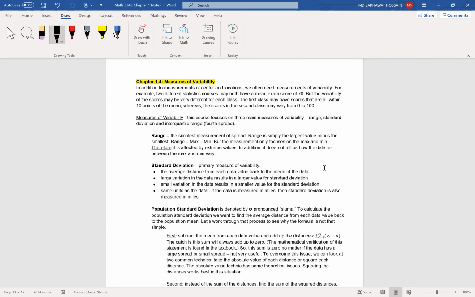For example, there are two classes, and class 1 has 5 students and class 2 also has 5 students. Their exam scores, for example for the first class, are 0, 100, 90, 100, and 80.